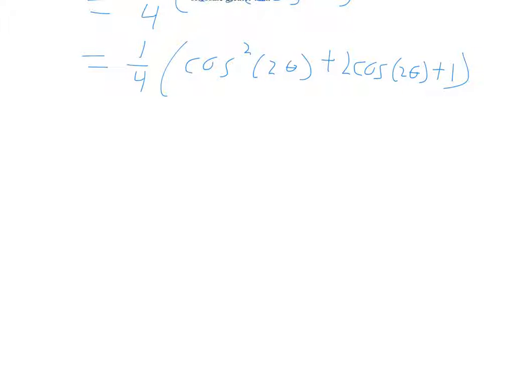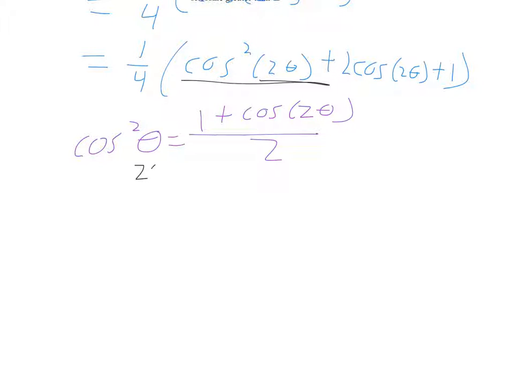Now we still have a cosine squared, so we need to get rid of it. Remember, the formula we just wrote, cosine squared of theta is equal to 1 plus cosine of 2 theta all over 2. Well, we can use that same formula for this, just everywhere there's a theta, we have 2 theta. And we could use it.